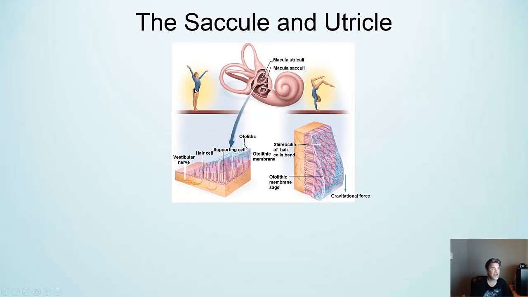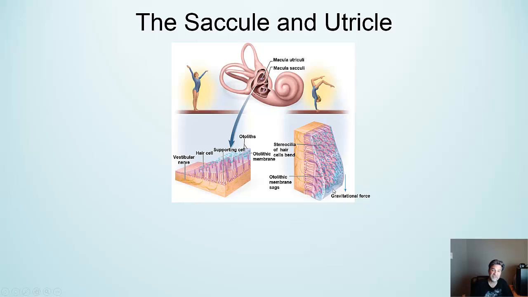So if we have our gymnast standing straight up on the balance beam, then we see exactly what we'd expect in this particular structure. But if she flips and changes her head orientation at basically a 90-degree angle, now these stones are going to weigh down this gel-like material and drag it in this direction.